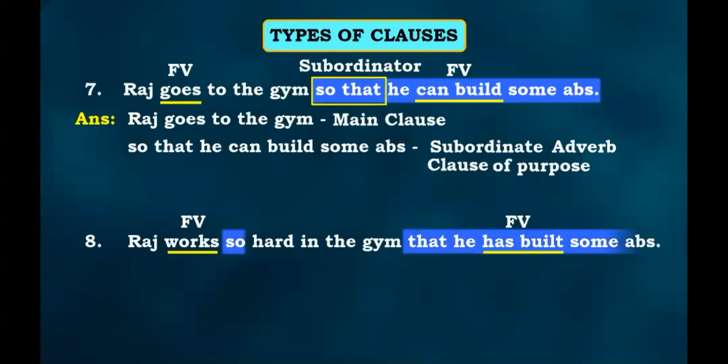Correct. The subordinator is so that. Okay, it is different, it is separated. You look at the seventh one, they are not separated. There are no words between so and that. Here, there are words between so and that. Okay. So Raj works hard in the gym is main clause.